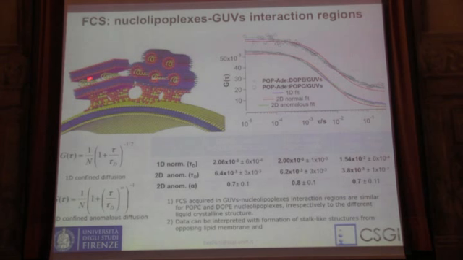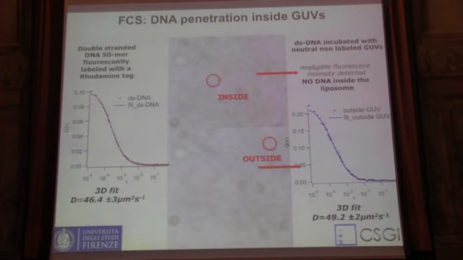In this case, DNA remains in the lamellar phase. And we can measure the DNA that is transfected inside this giant vesicle. This is a simple experiment. You have double-strand DNA, in this case a 50-mer, fluorescently labeled. This is a normal microscope.